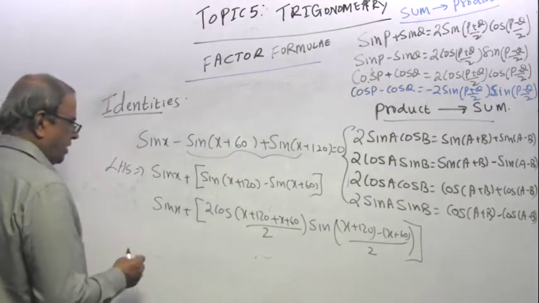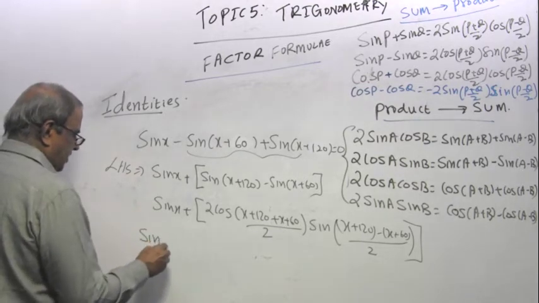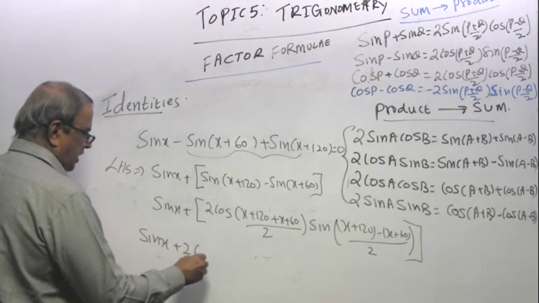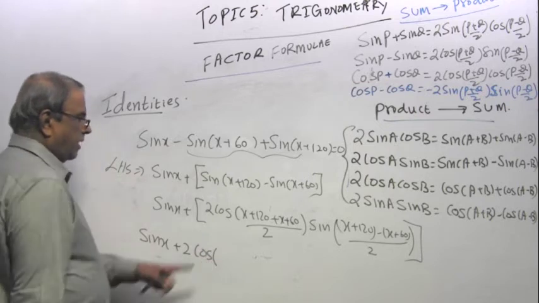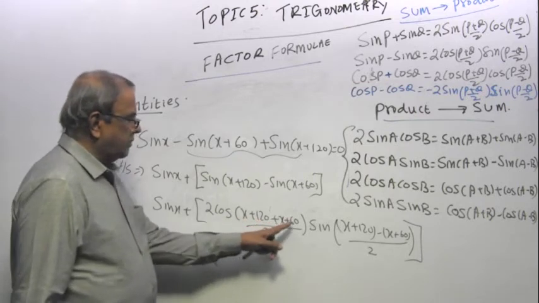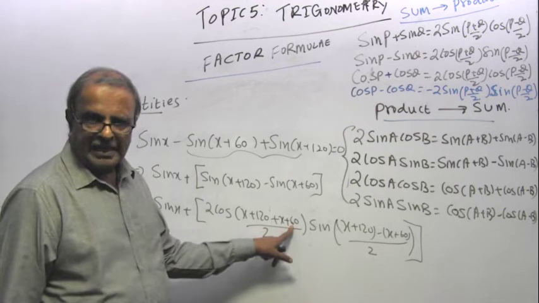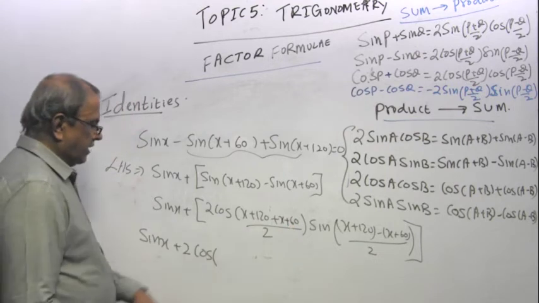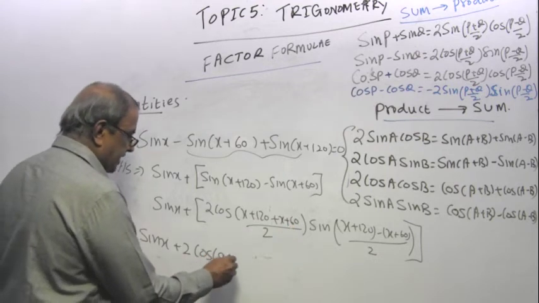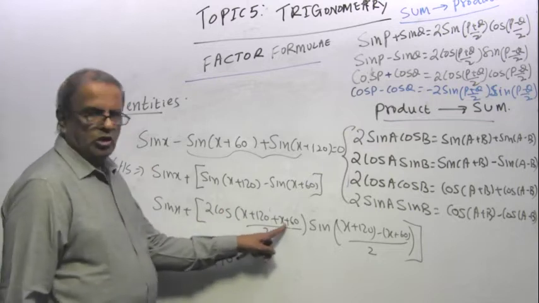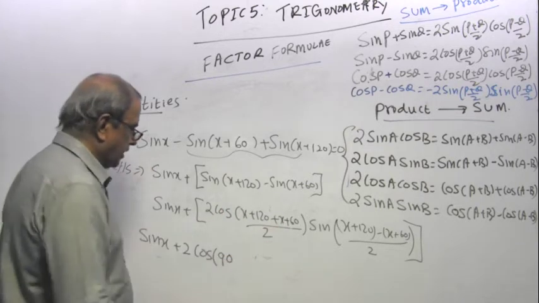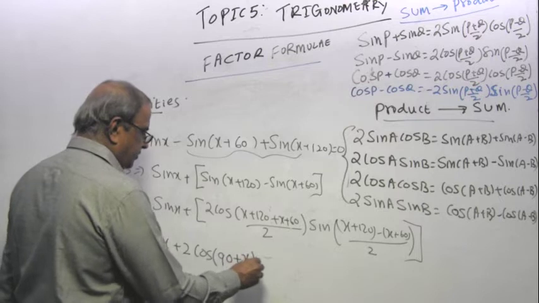Okay. So that is sin x plus 2 times cos of, 120 plus 60 is 180. 180 divided by 2 is 90. X plus x, 2x. 2x divided by 2 is x.